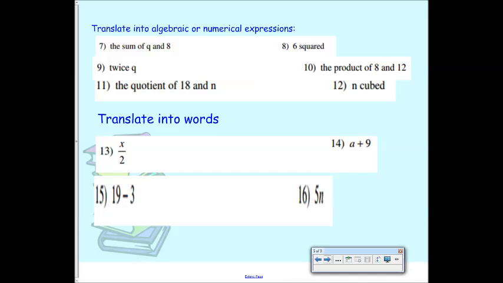Before you get up, hang on. When you see squared, what is squared? Times itself, or with a little exponent of 2. Okay, what's cubed? Little exponent of 3. And what does twice mean?